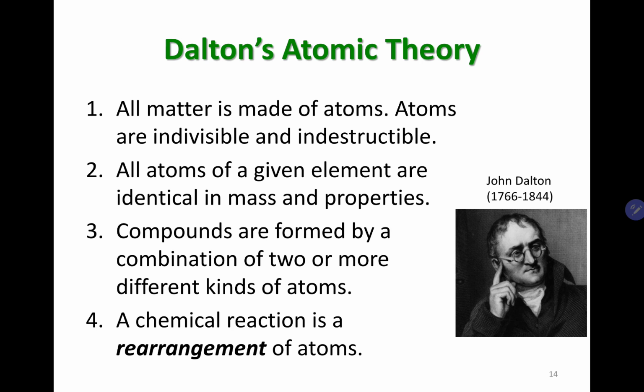And the second part is that all atoms of a given element are identical in mass and properties. The third part of atomic theory is that compounds are formed by a combination of two or more different kinds of atoms. And then the last part of Dalton's atomic theory is that a chemical reaction is an arrangement of atoms.